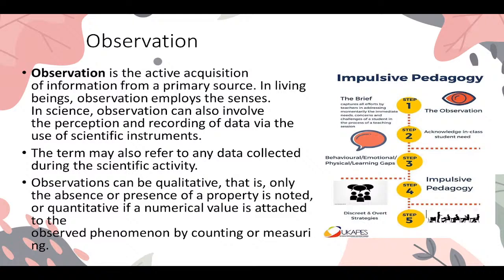The term may also refer to any data collected during the scientific activity. Observation can be qualitative, that is only the absence or presence of a property is known, or quantitative, if a numeral value is attached to the observed phenomena by counting or measuring.